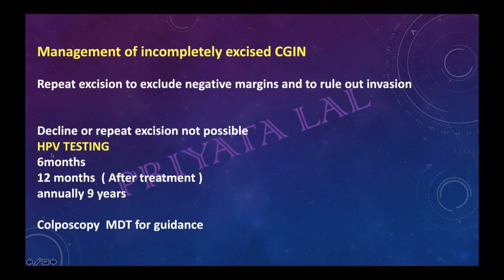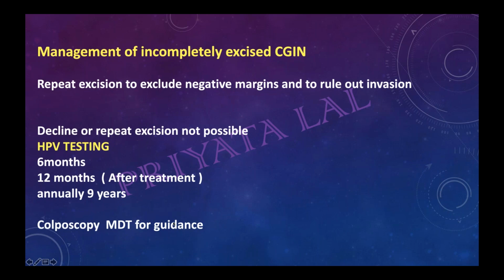Follow-up will be done with HPV testing: first at 6 months, then at 12 or 18 months after treatment, and annually for 9 years. Because the excision was incomplete, this patient requires a complete 10-year follow-up, and you can take help from the colposcopy MDT for guidance.